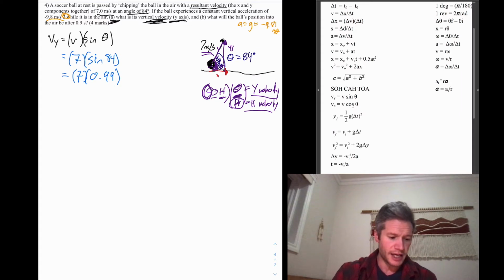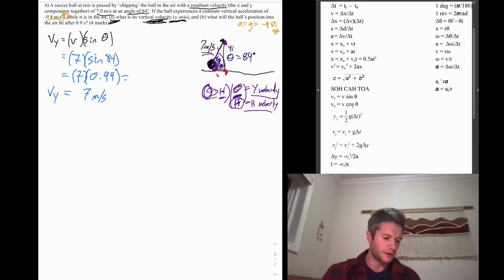So we get that, and so what we get is a 0.6 something or rather, 0.69 or 7, or sorry, 9 or 8. So when we round up, it ends up just being 7 meters per second. Okay, again, just rounding up from one decimal place. So that's your VY.